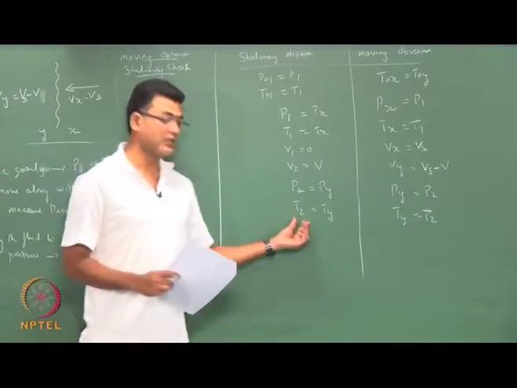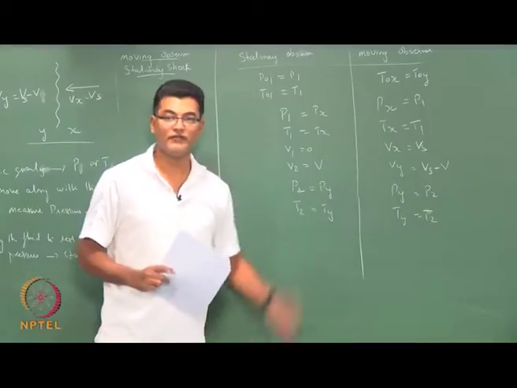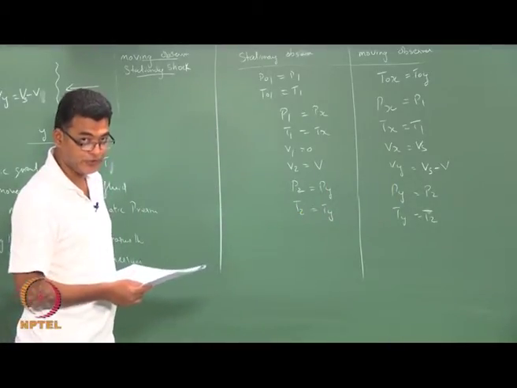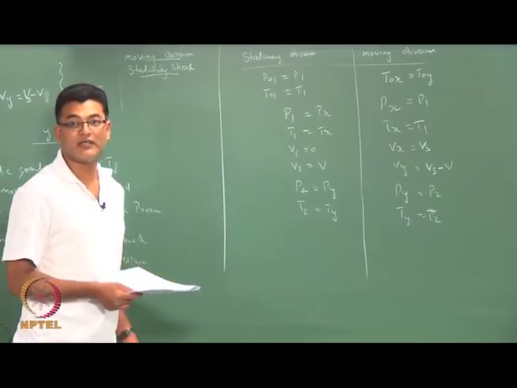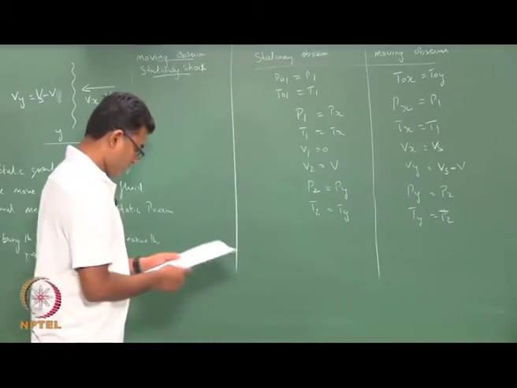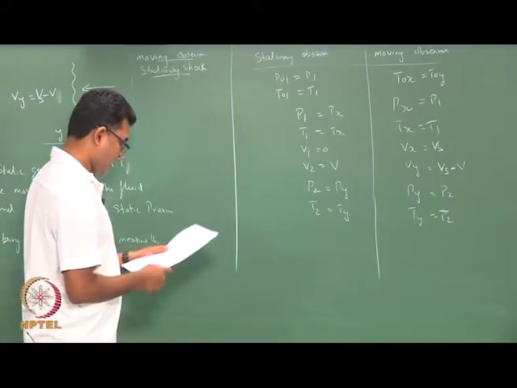In any case, the static quantity is measured when you move along with the fluid. So, whether the observer changes its position or not, it is not going to change your definition of your static quantity. So, the static quantities are going to be the same. Okay. So, now we apply the momentum equations and other things.